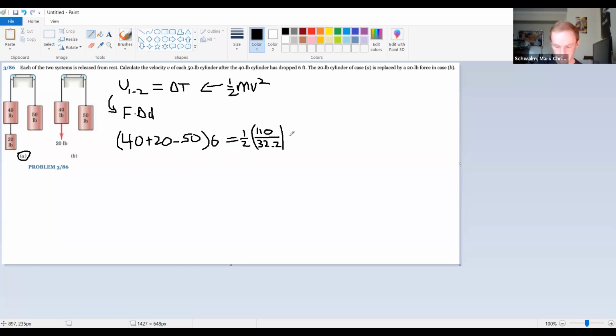Okay. And then what we're going to do is multiply that by our v squared, which is what we are looking for at this specific moment. All right, so there's going to be 10 times 6, so 60 on this side.